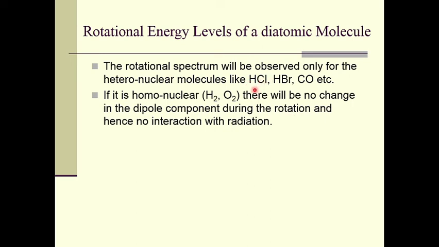So the dipole moment of the molecule will change during the rotation, and that will give rise to the rotational spectrum of the molecule. Therefore only heteronuclear molecules show the change in dipole moments, and therefore they show the rotational spectrum.